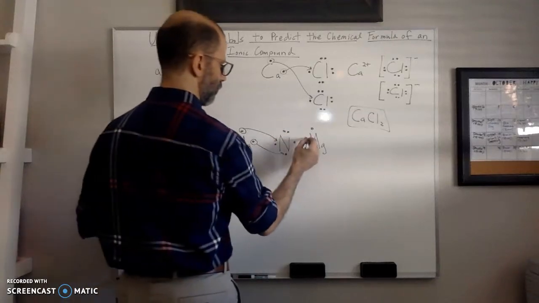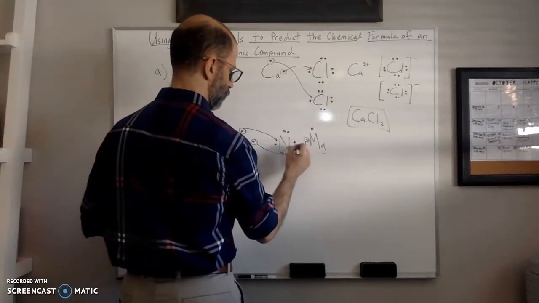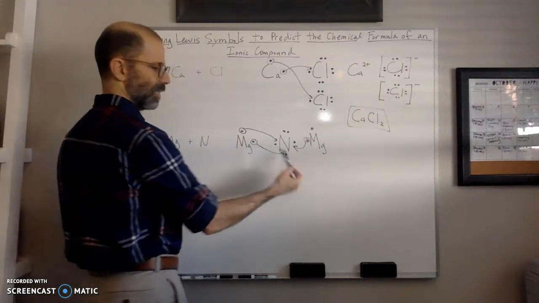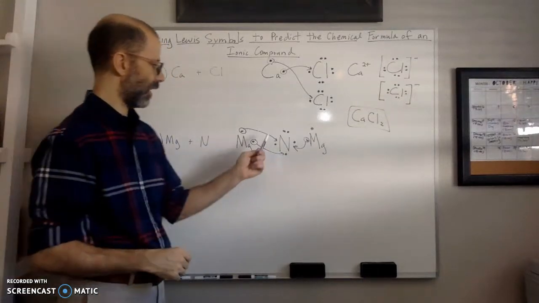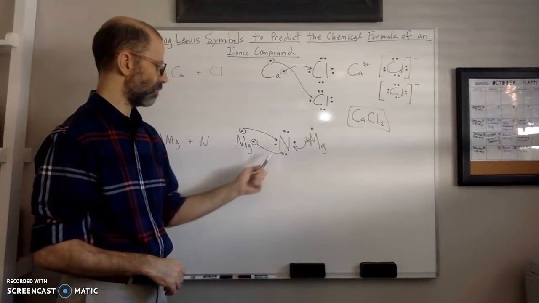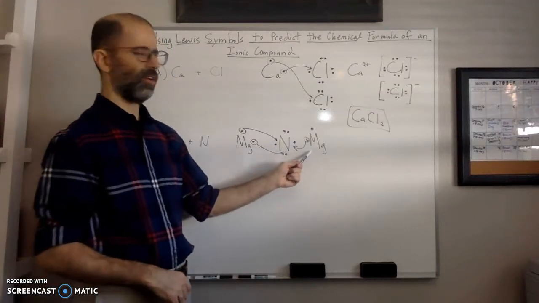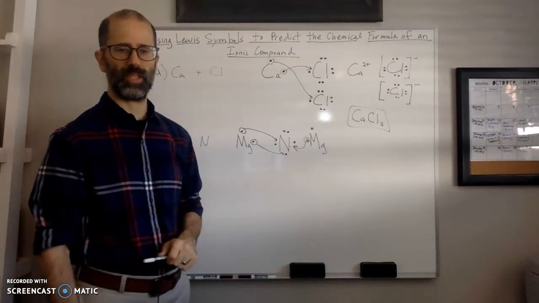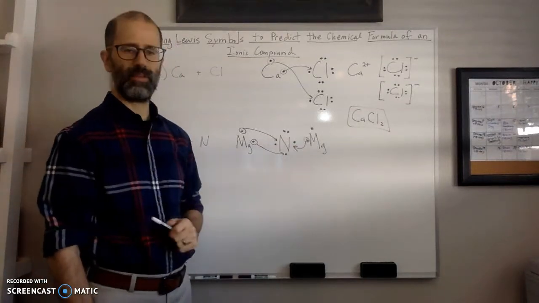So then this electron can be transferred there. So now this nitrogen is happy with an octet, so all three electrons are paired up. But this magnesium is not happy. It still has one more electron it wants to give away. So who is it going to give away to?